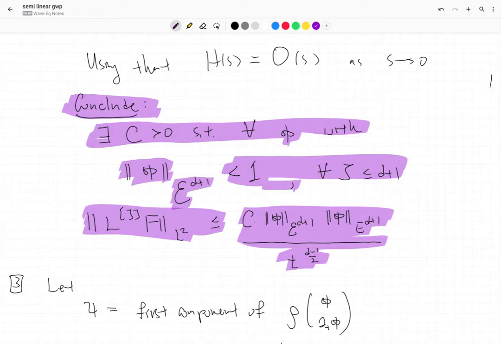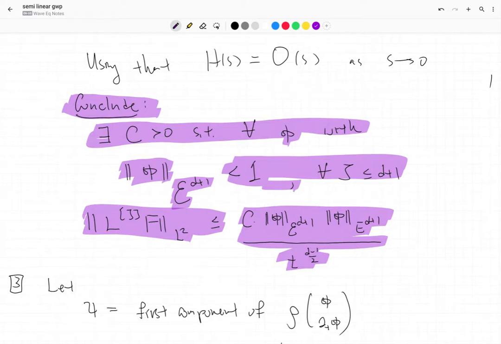There is some constant c such that for every phi with phi's curly E norm d plus 1 bounded by 1 (the 1 here is not necessary, just any fixed number; I have to fix 1 for now), and for every single j less than d plus 1, you're going to have Lj phi in L2 bounded by c times the curly E norm of phi times the rectangular E norm of phi divided by t to the power d minus 1 over 2, right?